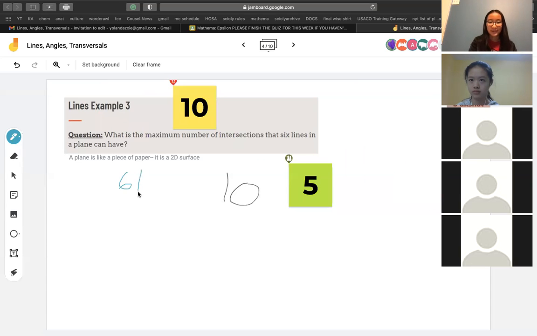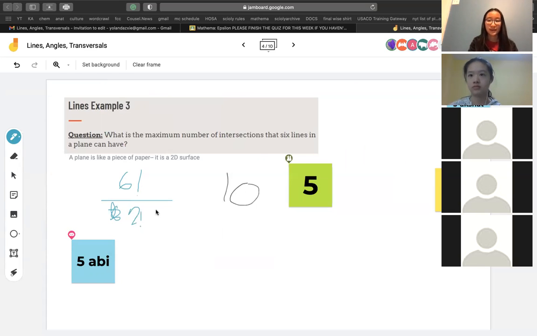So what you would do is 6 choose 2, and basically, on the numerator, you would have 6 factorial, and then on the denominator, you would have 2 factorial, and then you would also have 6 minus 2 factorial, which is basically 4 factorial.